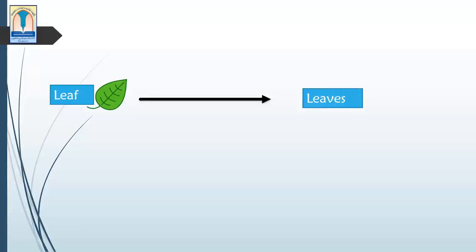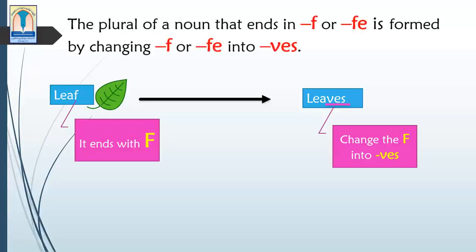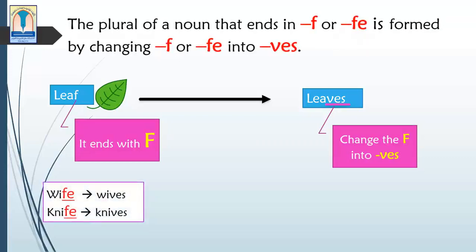We drop the F, change it to V, and add ES. Then leaf changes to leaves. If it ends with F or FE, change the F into V, then add the S. Look at some examples. Wife, wives, knife, knives.